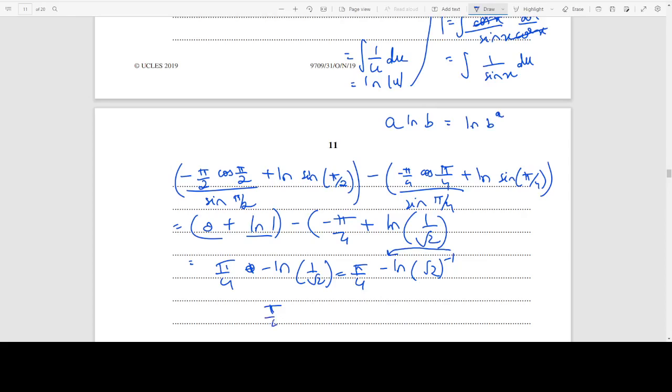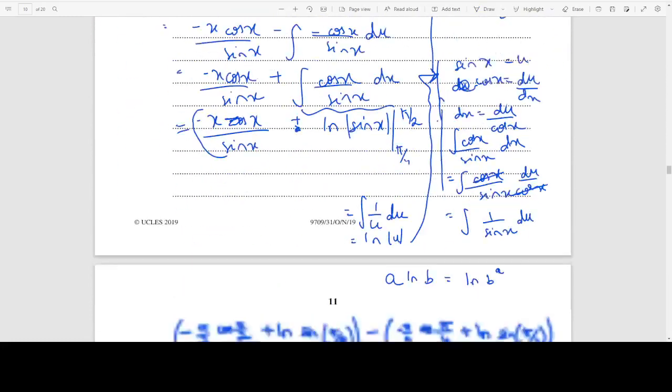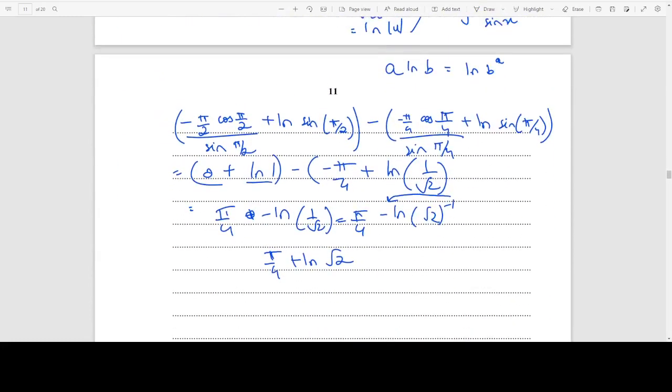We have pi over 4 plus ln root 2. We have to take it somehow in ln 4 terms, correct? Because the question has pi upon 4 into 1 plus ln 4.